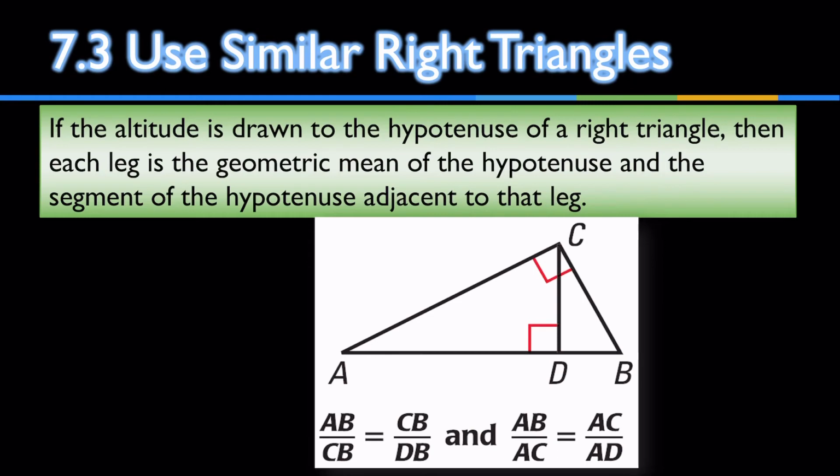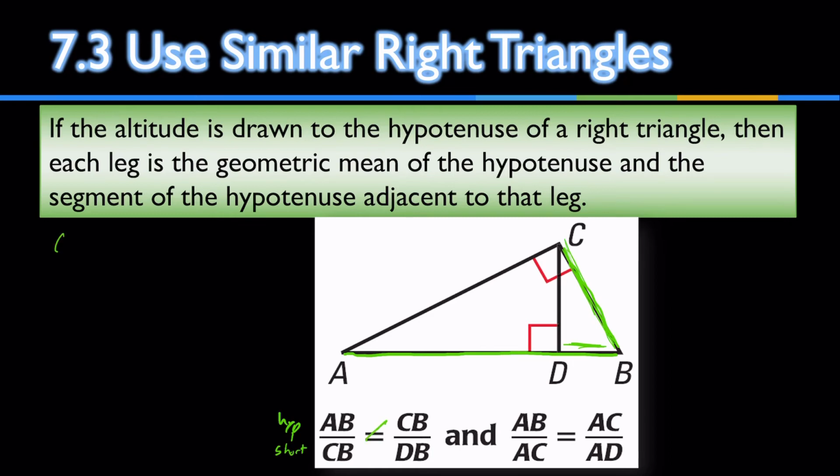And another theorem: if the altitude is drawn to the hypotenuse of a right triangle, then each leg is the geometric mean of the hypotenuse and the segment of the hypotenuse adjacent to that leg. So let's take, say, that's the hypotenuse and that's the short leg of the outside triangle. Hypotenuse and the short leg. Of the little tiny triangle, the hypotenuse is CB and the short leg is DB.